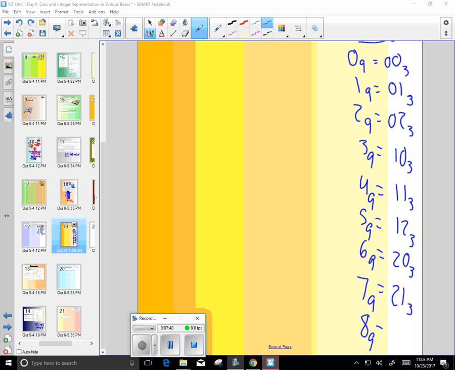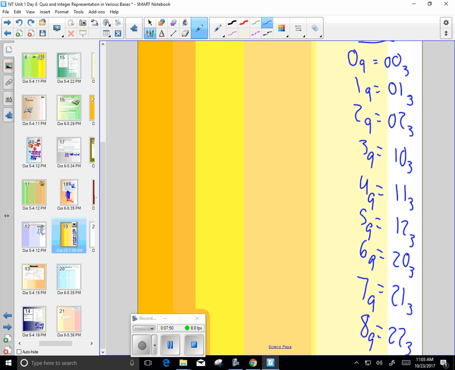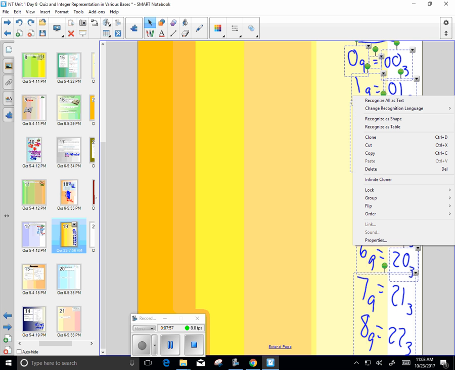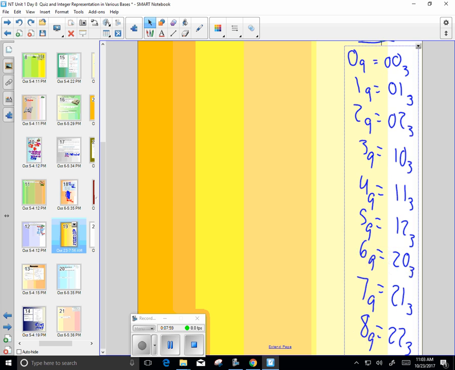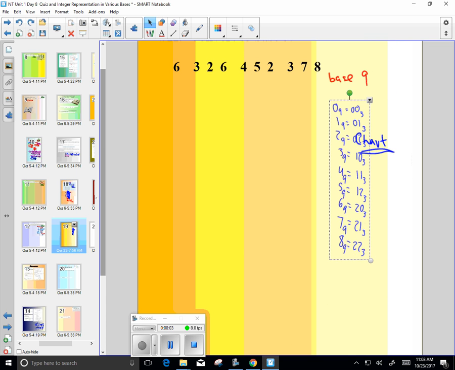And then 8 base 9 is 2, 2 base 3. And then 9, I don't think I have any 9s up here, so I don't have to worry about it. All right, so all of these are base 3s group.